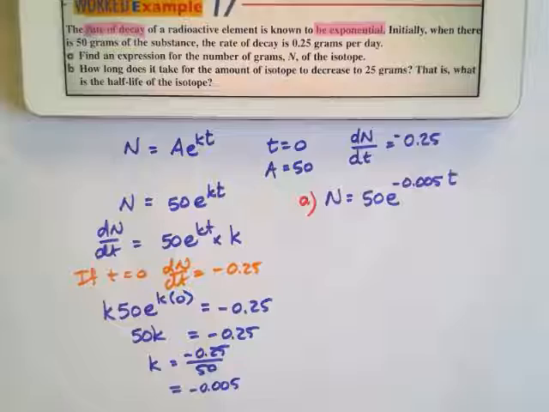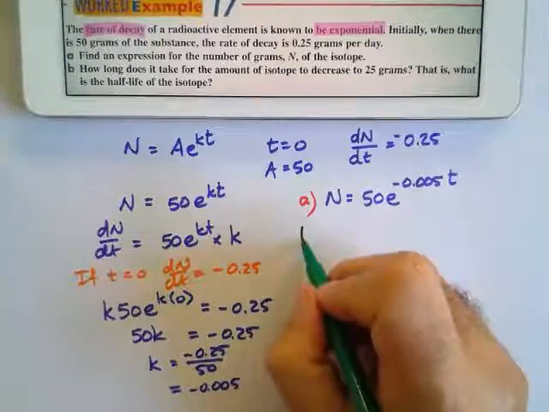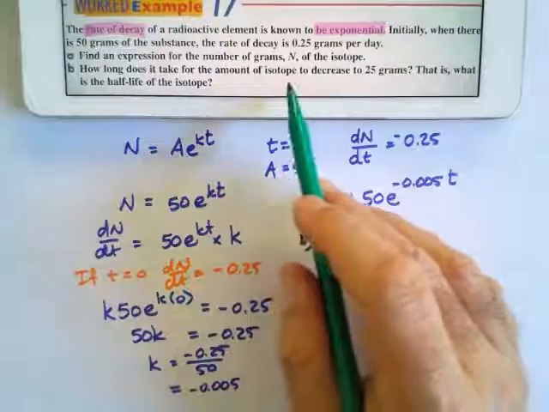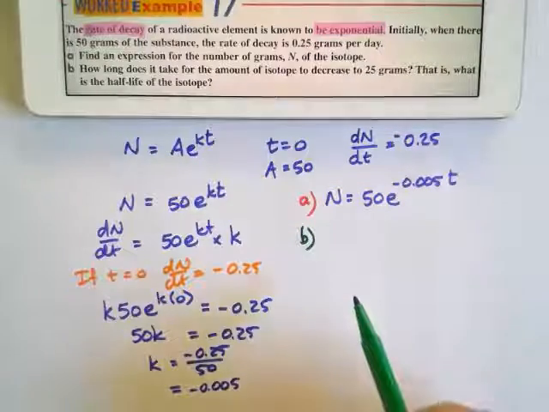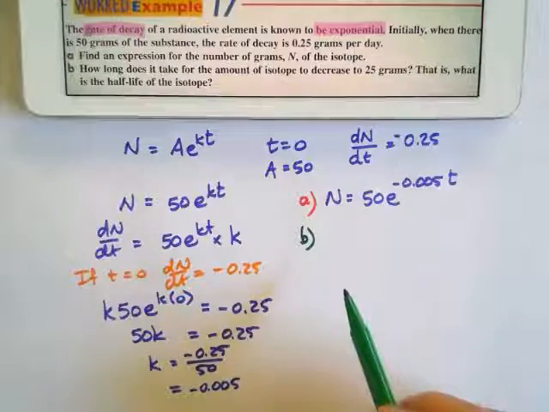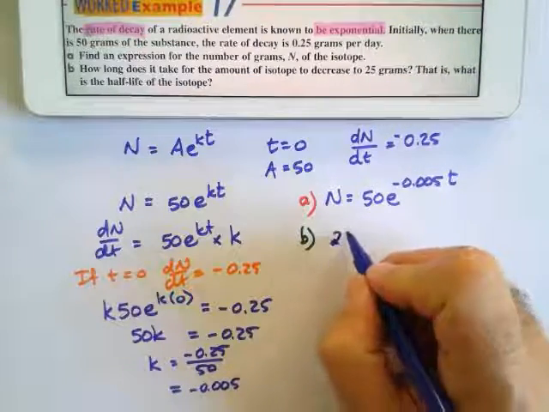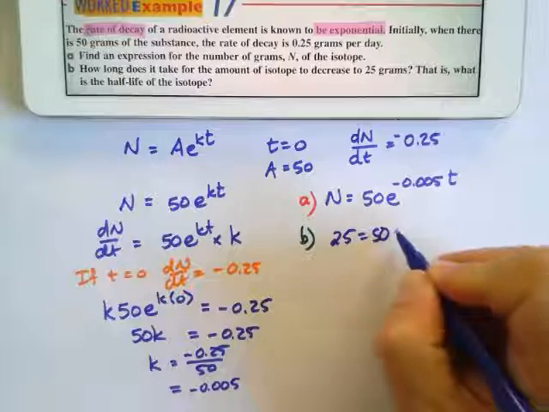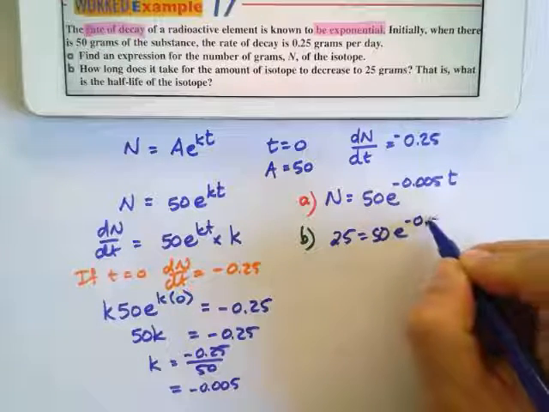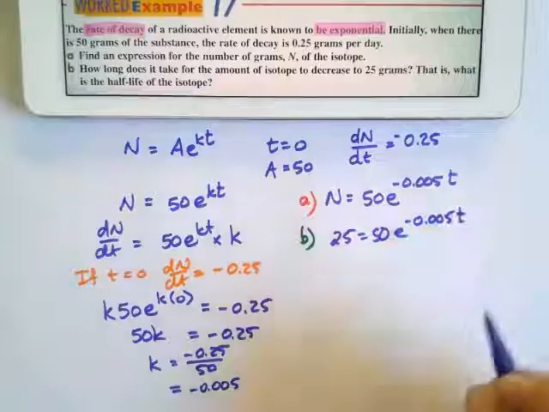In B now they ask us, how long does it take for the amount of isotope to decrease to 25 grams? So when this N is 25, all I'm going to do is substitute 25 in there. 25 equals 50 e to the power negative 0.005 t.